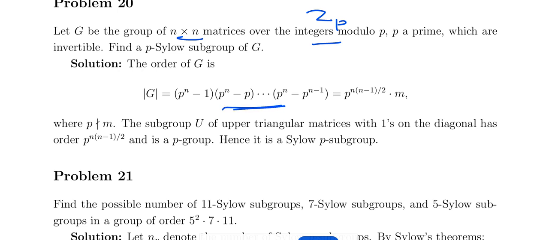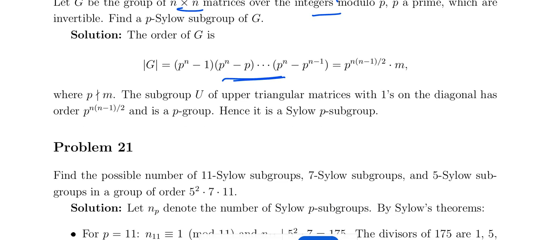So where p doesn't divide m, the subgroup U of upper triangular matrices with ones on the diagonal has order p power n into n minus 1 divided by 2.